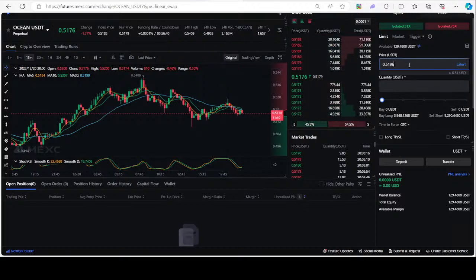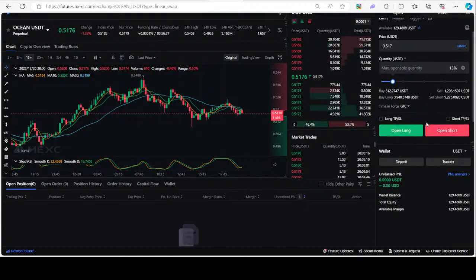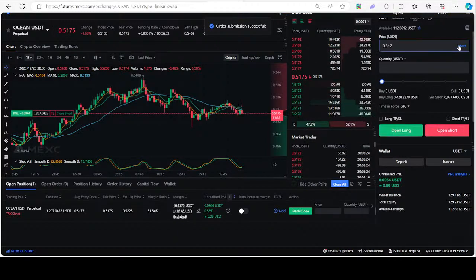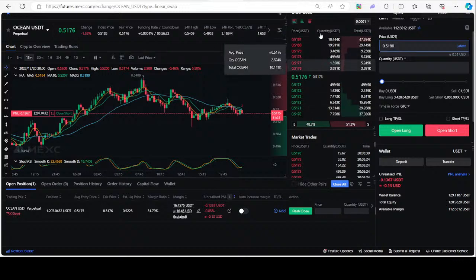So Ocean looks like it's finally gearing up for a nice little first entry here. All right, so 15176, and then we're going to bump it back up. We're going to be looking for a 5180. 20% in right now. We're going to work our way through this.